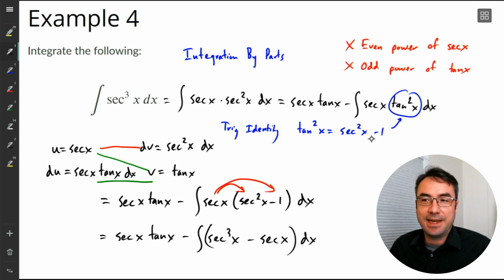So we tried a trig identity, plugged it in, multiplied things out, and now we're back to having an integral of secant cubed. But we've seen this before when doing integration by parts problems. Sometimes if you do integration by parts enough, the integral that you want shows up on both sides of the equation.